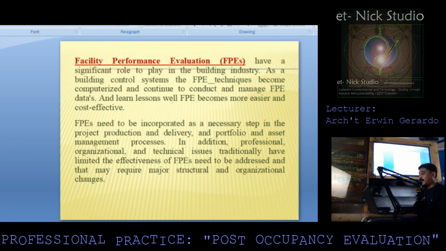Therefore, facility performance evaluations need to be incorporated as a necessary step in the project production and delivery and portfolio and asset management process. In addition, professional, organizational, and technical issues that have traditionally limited the effectiveness of FPE need to be addressed, and that may require major structural and organizational changes.